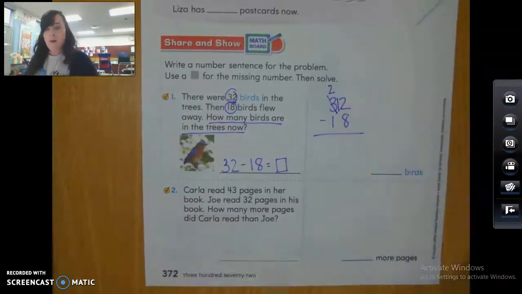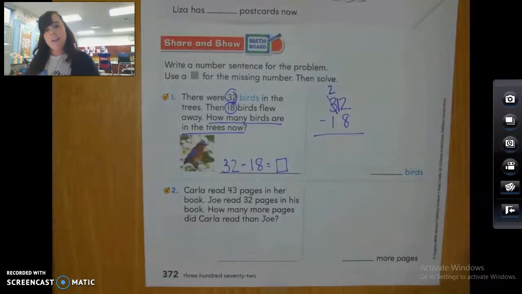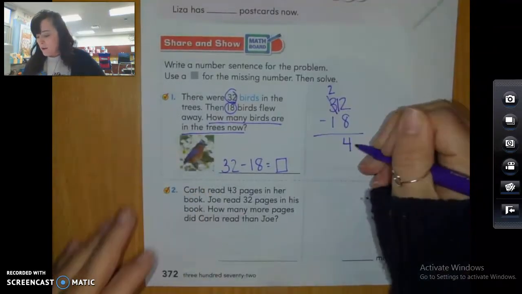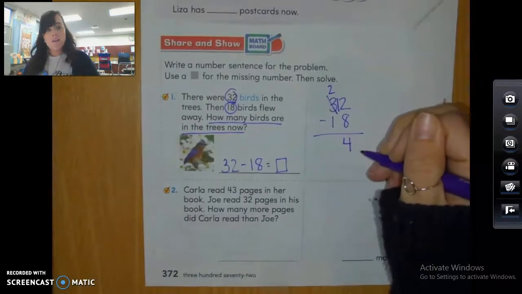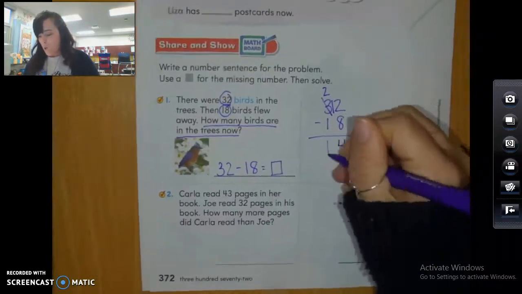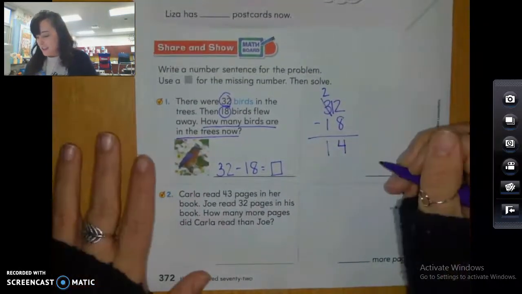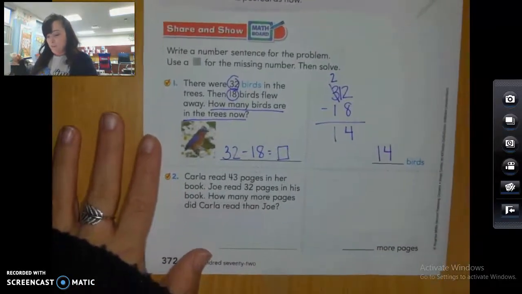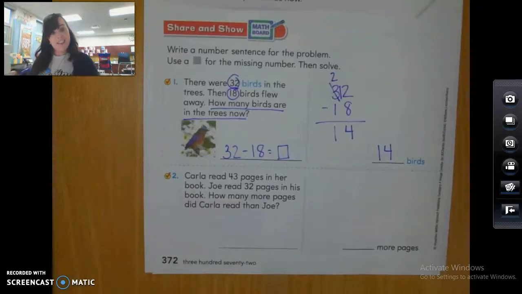So now we have 12 ones. 12 minus 8. Go ahead and try and solve that. What is 12 minus 8? 4. What is 2 minus 1? 1. So our answer is 14. That's how many birds are in the trees now.